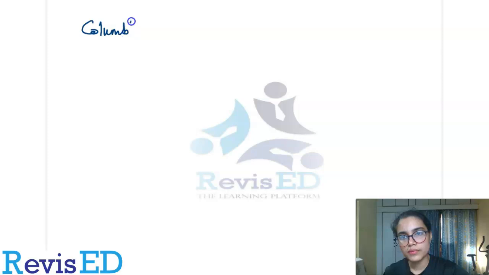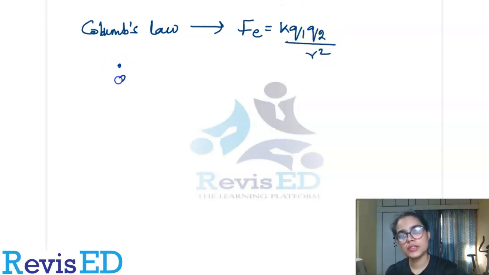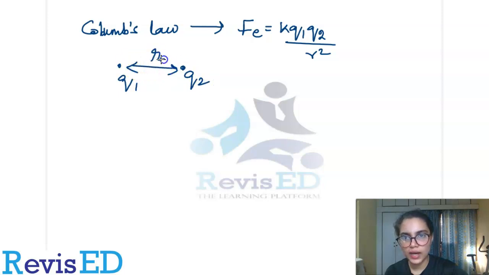This law talks about the electrostatic force, which is K Q1 Q2 upon R square, when two charges Q1 and Q2 are separated by some distance R. This is what Coulomb's law says.